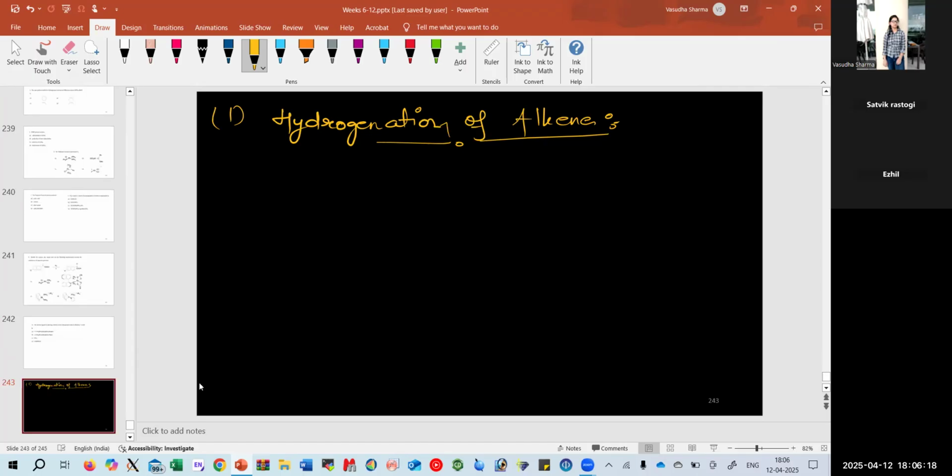Various examples, asymmetric oxidation, everything has been taken into consideration. Now, this is basically the reduction of alkenes, or you can call it hydrogenation. So this is a complementary reaction to the oxidation of alkenes.